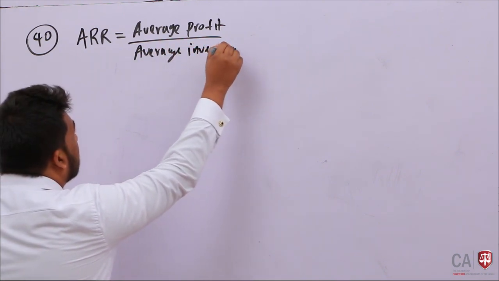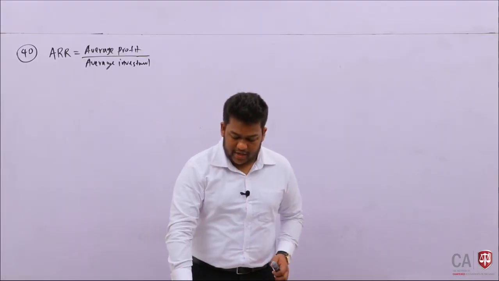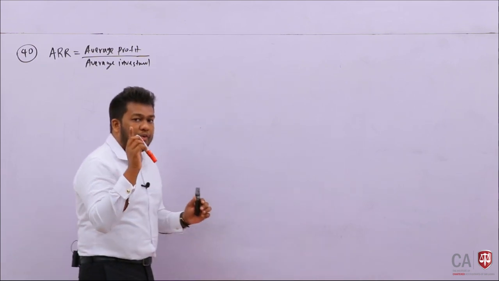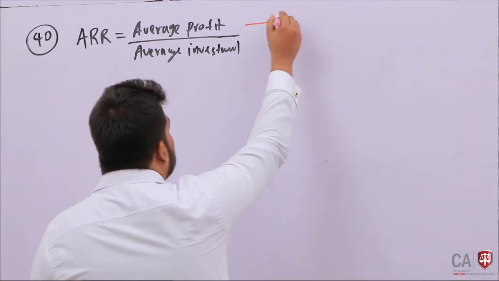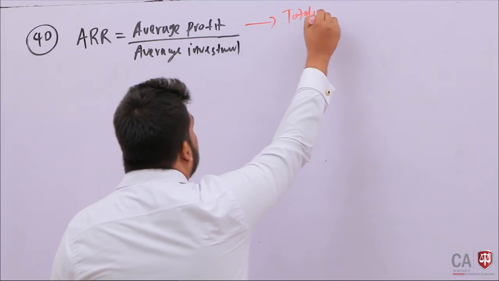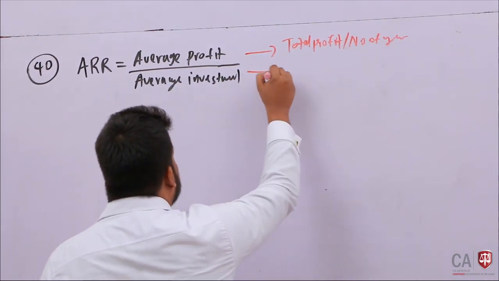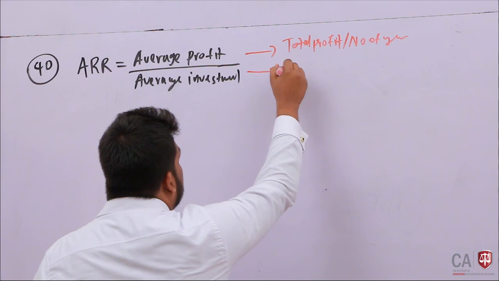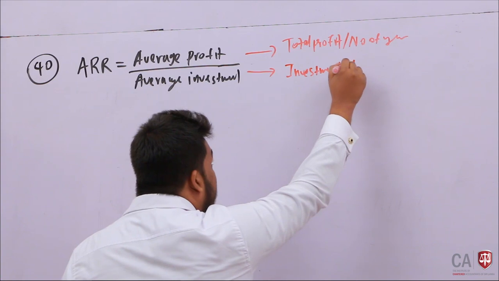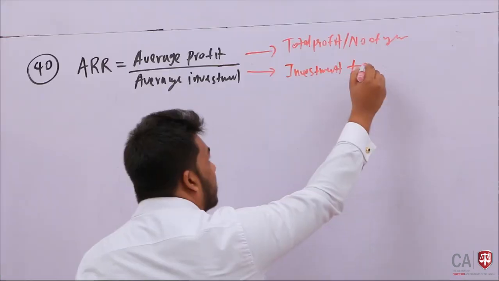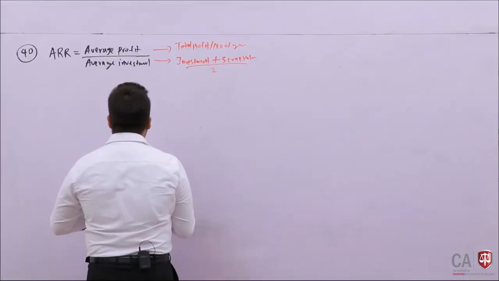Average profit is the total profit divided by the number of years. For average investment, please make sure this is plus, not minus: investment plus scrap value divided by 2. This is how you have to get the answer.